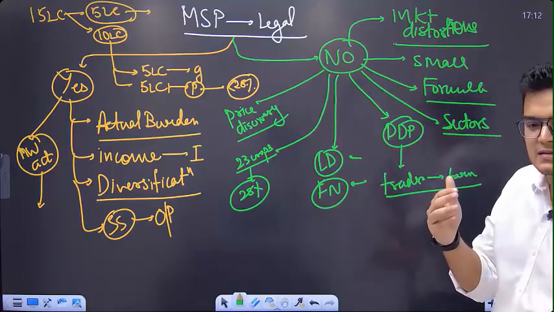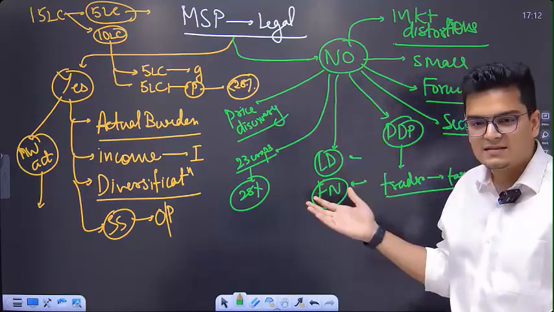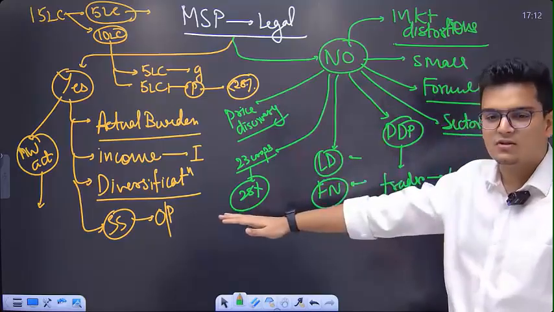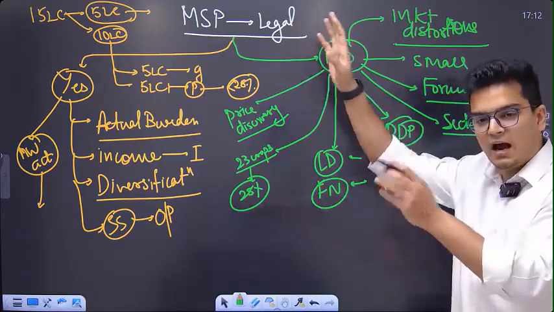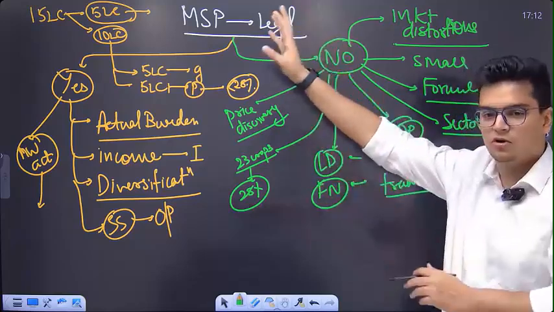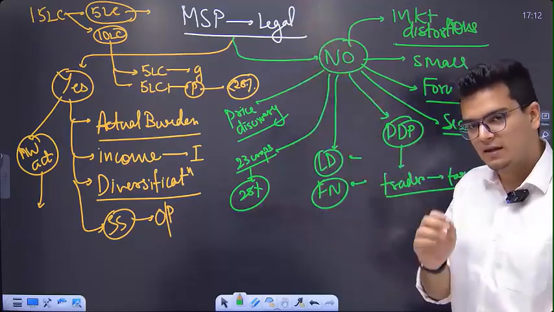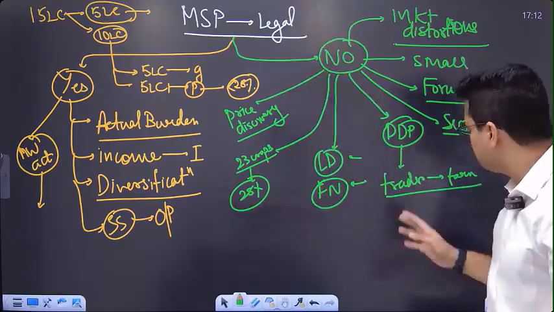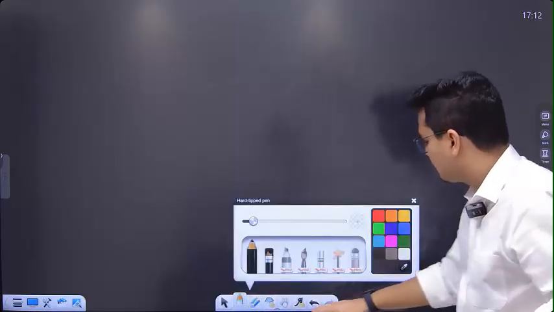See, MSP is a subsidy. You can't legalize or guarantee that there is going to be a subsidy. But if you say that, Indian agriculture is currently in distress. I think all of you will agree that Indian agriculture is not remunerative. So what is the solution here?